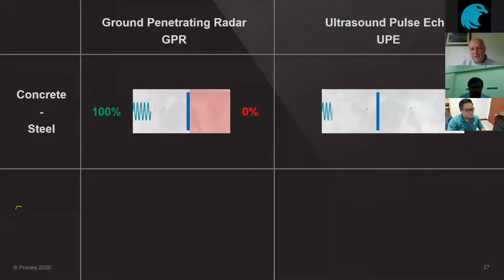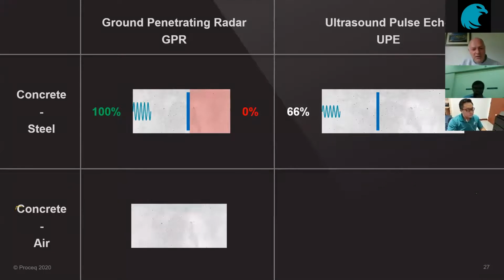With Pulse-Echo, we get a partial reflection from the steel. So basically it means it's not as good at detecting steel, but it's better at seeing beyond steel. So if I have dense rebars, I can still detect things like tendon ducts, voids, etc. beyond the rebar layer. When it comes to the air boundary, it's completely the opposite picture. GPR, basically get a partial reflection.